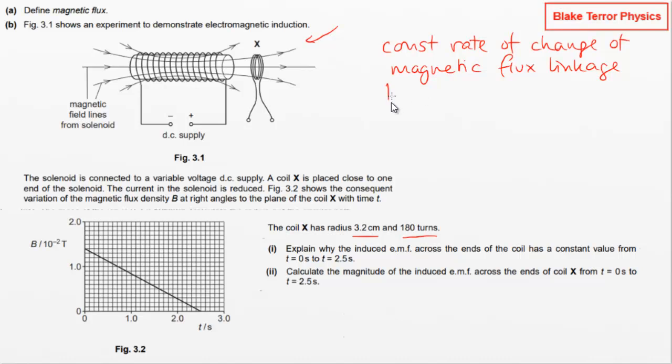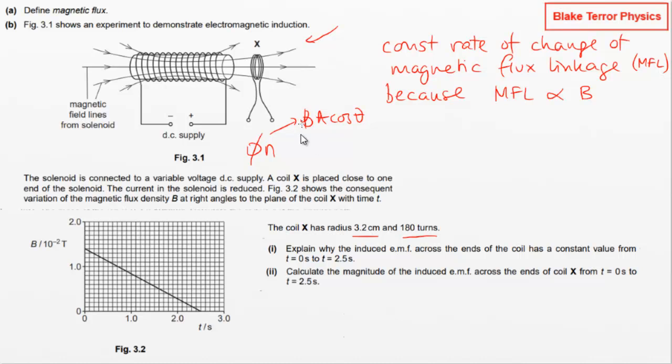That is because the magnetic flux linkage is proportional to the magnetic flux density. We know this because magnetic flux linkage is the magnetic flux multiplied by the number of turns, and our magnetic flux is BA cos theta.